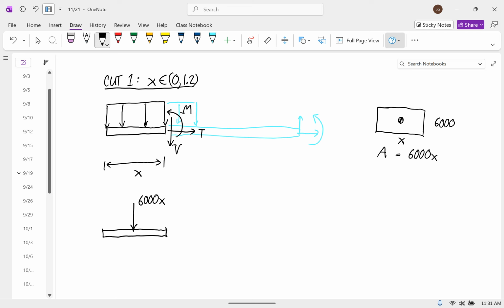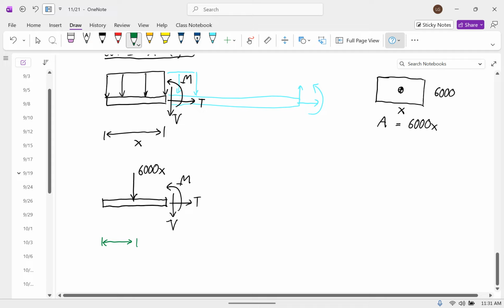Okay. And then we'll go T, V, and M. And this distance here, what is that? x over 2.